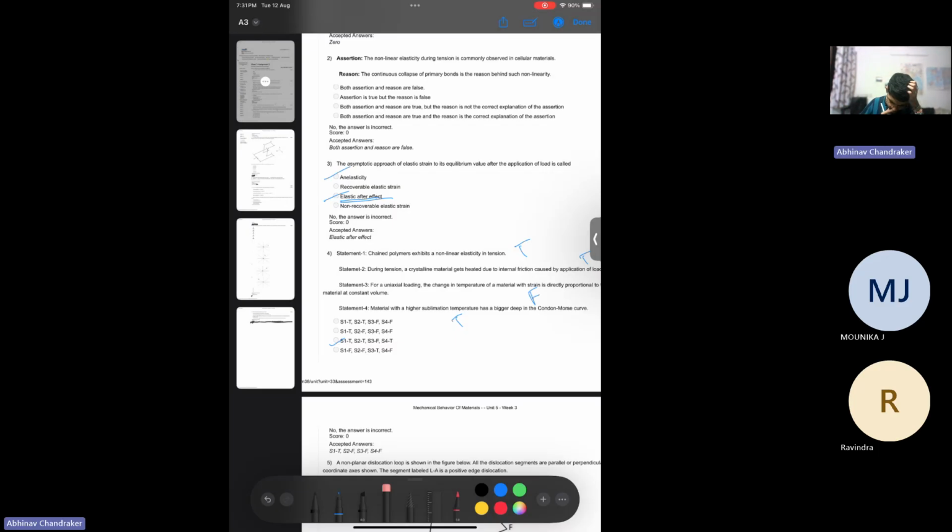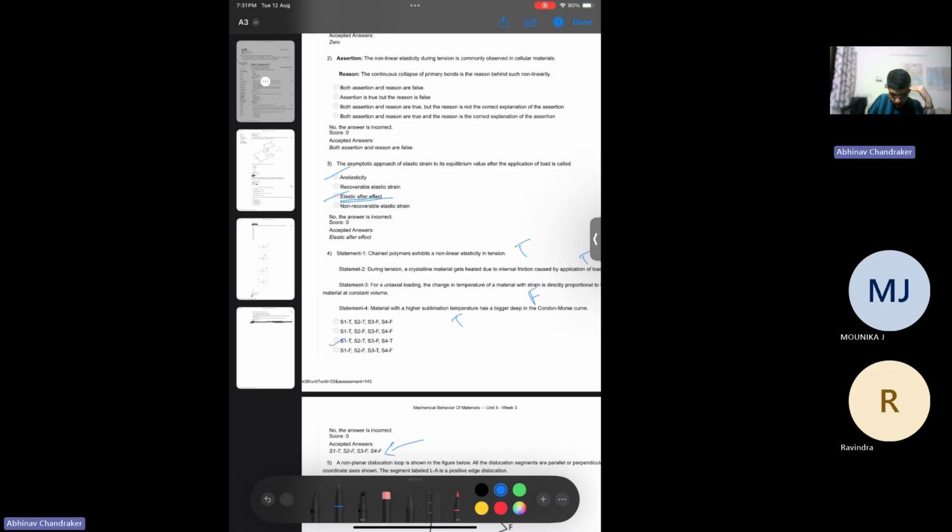I think this answer key is also wrong. We'll have to see. There are incorrect solutions in the answer key many times.